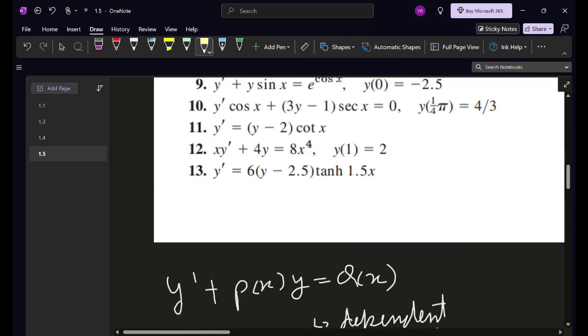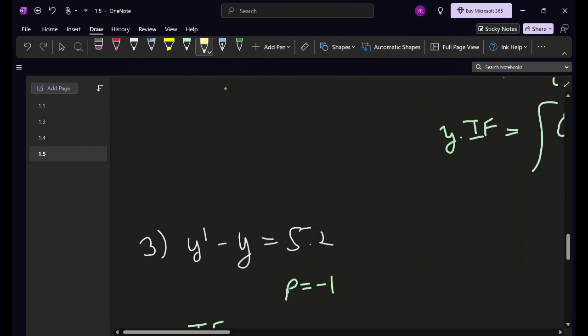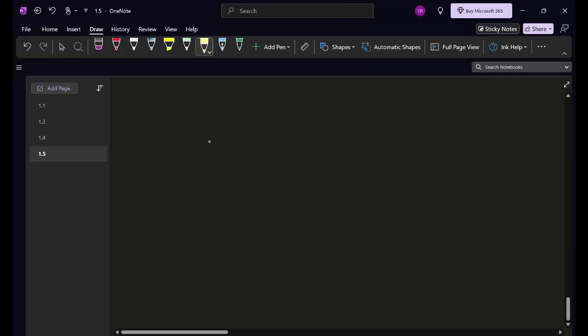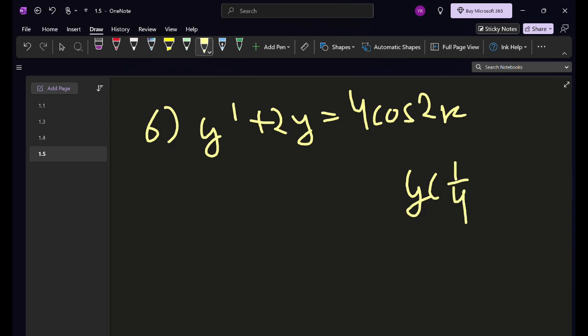Now let's see the sixth question. Here is the sixth question. Let's solve that. So the question is given as y dash plus 2y is equal to 4 cos 2x, with an initial value, which is y of pi by 4 is equal to 3.